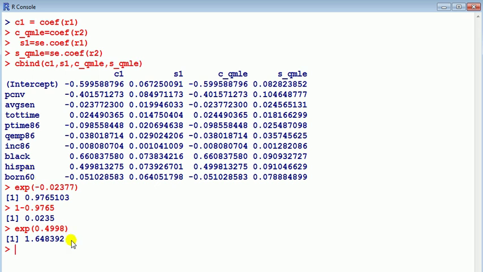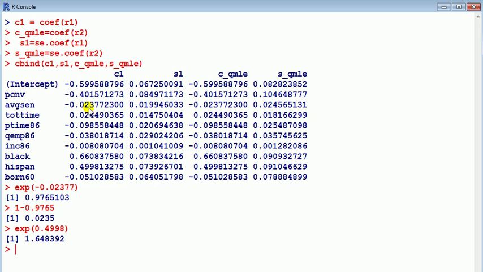Now, I've done this using the exact method, but some of your lecturers might just say, times the coefficient by 100 and that'll give you the approximate change, which is correct if those changes are small. If we go back to average sentence here, that figure was a fall of 0.023. Multiply by 100, that gives you about a percentage change of 2.4%.